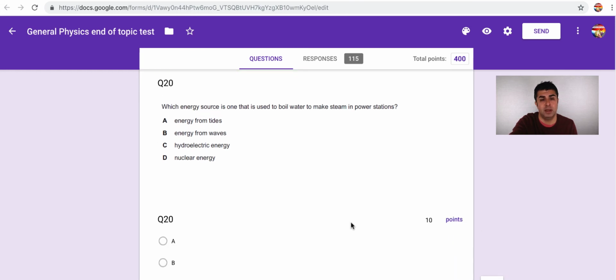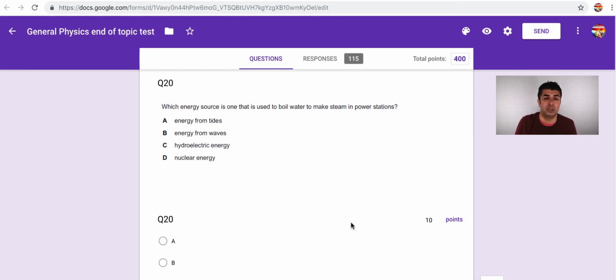Question number 20. Which energy source is one that is used to boil water to make steam in power stations? Tidal, wave, hydroelectric and nuclear all involve water. Tidal involves the water coming in and out from the shore a couple of times a day. Energy from waves is wave energy out in the sea somewhere where the waves bob up and down, turning a turbine.